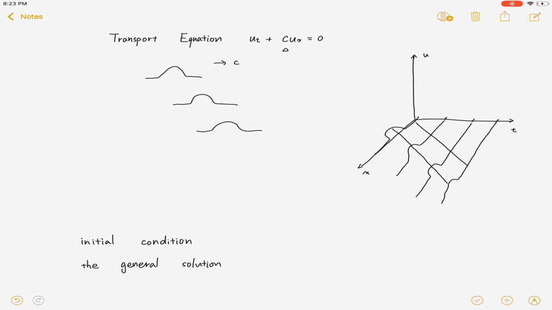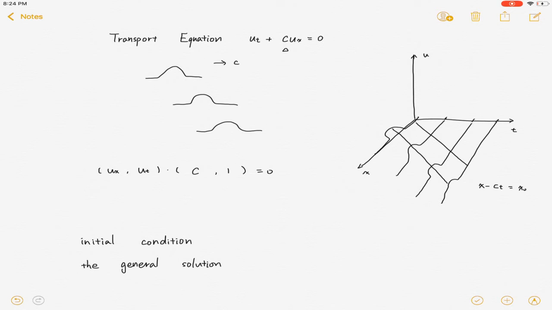As the shape of the wave is not changing, we can get the equation for these lines, which is x minus ct equals x now, where x now is a constant. Since u is constant along these lines, the directional derivative of u in the direction of x minus ct equals x now is equal to 0.